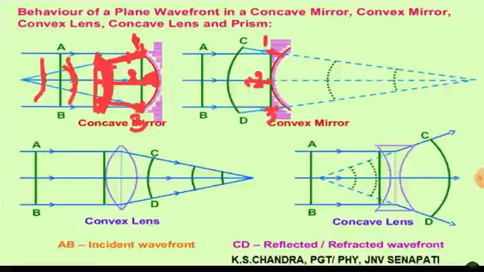So when the light ray reaches this much distance, the light rays from 1 and 3 must be short of this much distance. If it is a plane wavefront like this, then that much distance will be lagging behind for these two rays, 1 and 3.